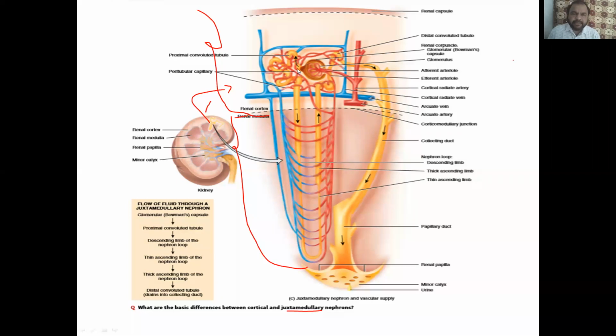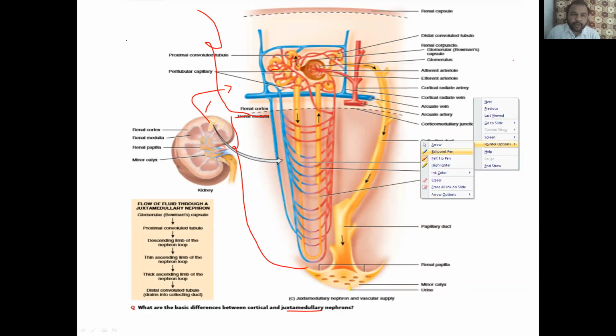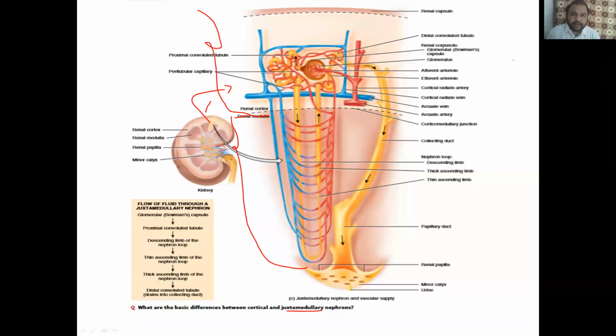From the capsular space, it enters the proximal convoluted tubule, shown here in yellow lining. Then from the proximal convoluted tubule, it enters the structure called the loop of Henle, and the fluid passes here.